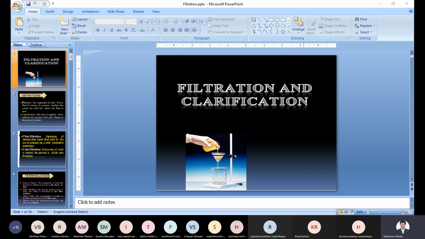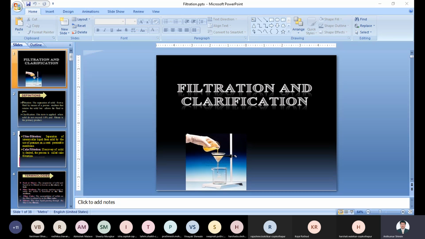So the definition of filtration is the separation of solid from fluids by means of a porous medium that can retain the solid but allows the fluid to pass, right? Whatever the solution or mixture is, if you want to filter it, just pour it onto the filter paper. Then all the fluid passes through the filter paper and is collected at the bottom, and it is called the filtrate.